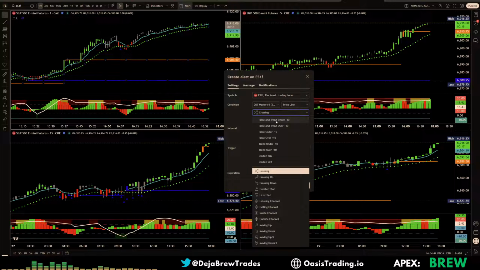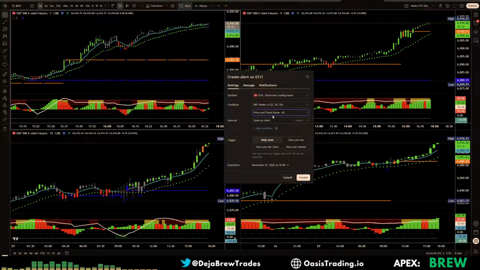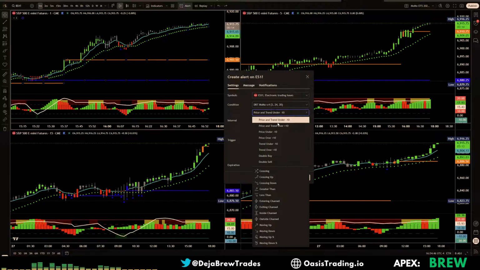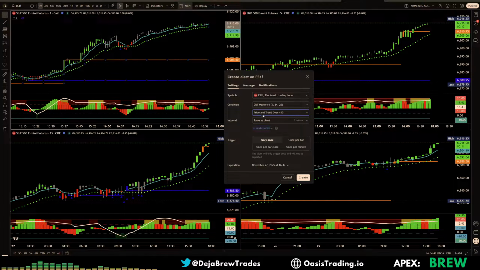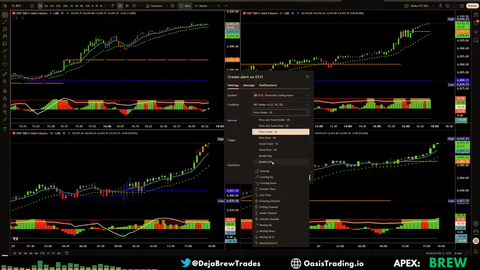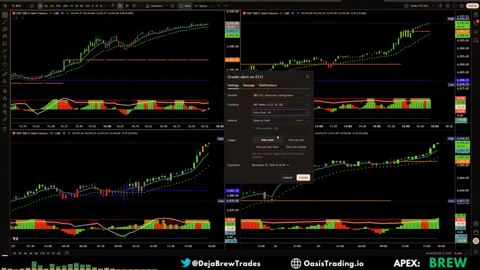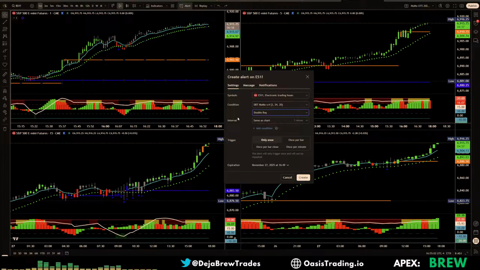Another thing you can do is obviously I have this built in. So like price and trend going under 10, price and trend going over 10, price under 10. Like I have that for the most part built in. You don't have to use the crossing mechanic on TradingView. And the double buy, what I mean by double buy is the purple shading.